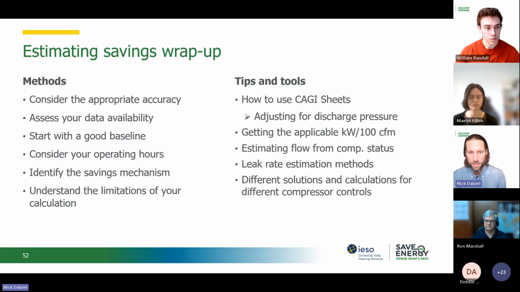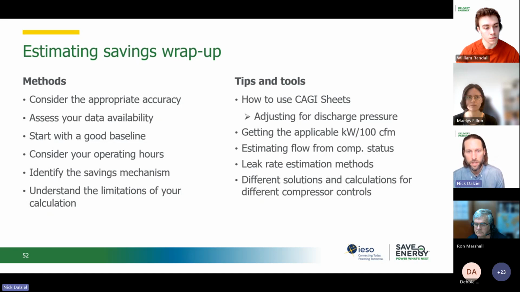We went through some examples of estimating the flow from compressor status when you don't have other data available to you, and then some leak estimation methods and multiple different approaches for savings calculations, from improved efficiency or a more efficient compressor, VSD, controls changes, pressure reduction, leak repair.